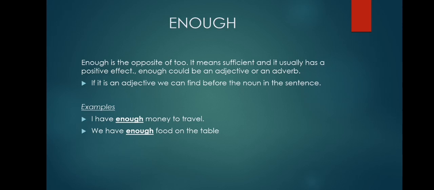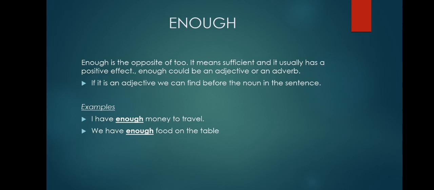I have enough money to travel. We have enough food on the table. I have enough money to travel, so I can pay for a ticket to go maybe to Mexico, to United States, to Canada.